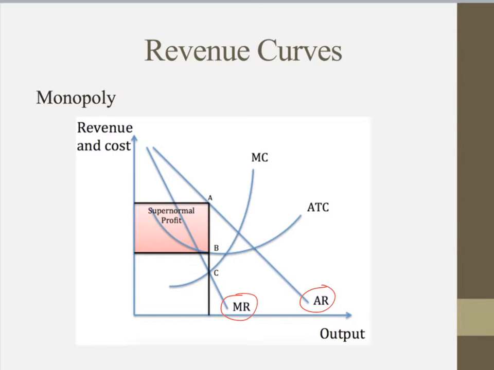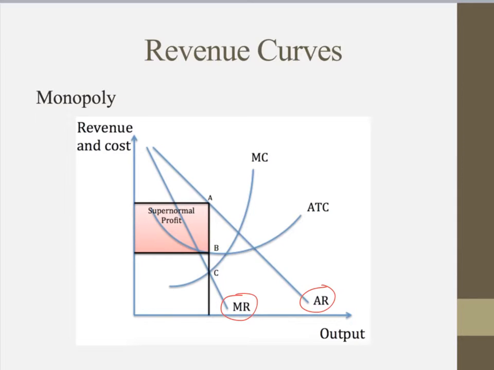If you'd like to understand why it's twice as steep, as in every situation it's twice as steep, the reason for that is you'd have to go into calculus to see how these equations are derived for marginal revenue and average revenue, and just use some differential calculus, but you don't need to know this for unit 3. So the key thing you need to note is that it's twice as steep.